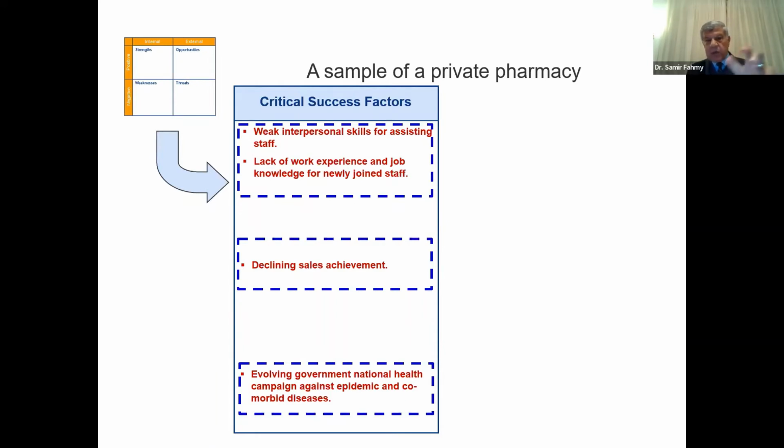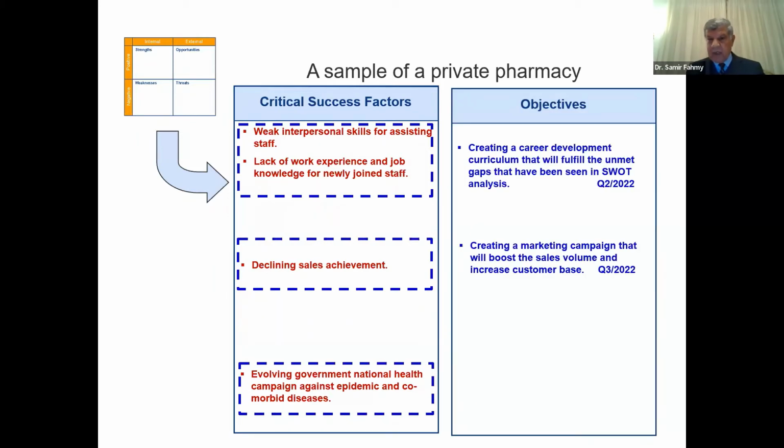Those two unmet needs could be handled by one objective: creating a career development curriculum that will fulfill the unmet gaps seen in the SWOT analysis, and this will be created by the end of Q2 2022.